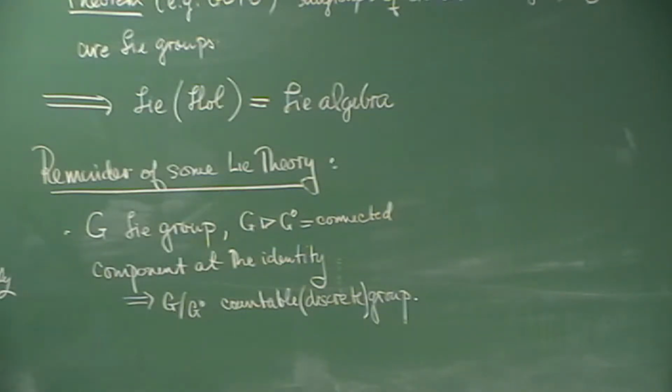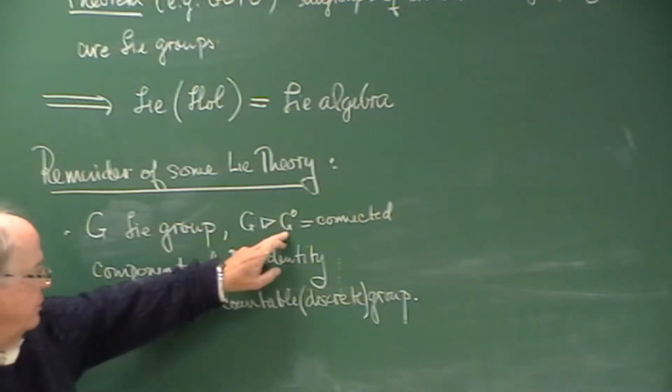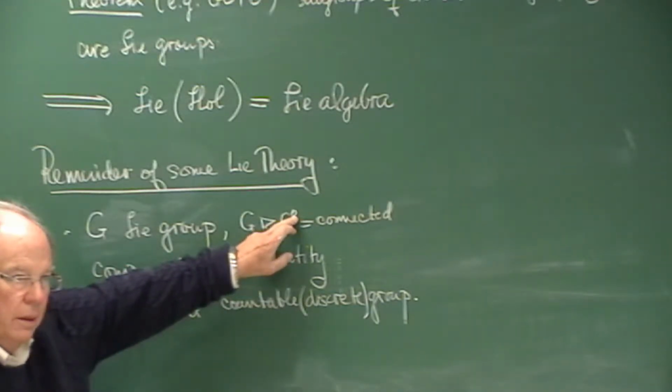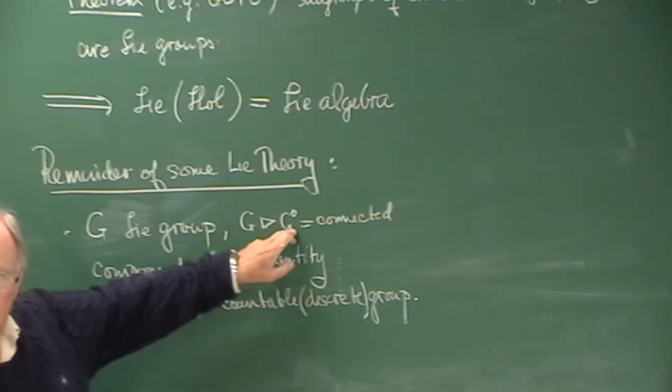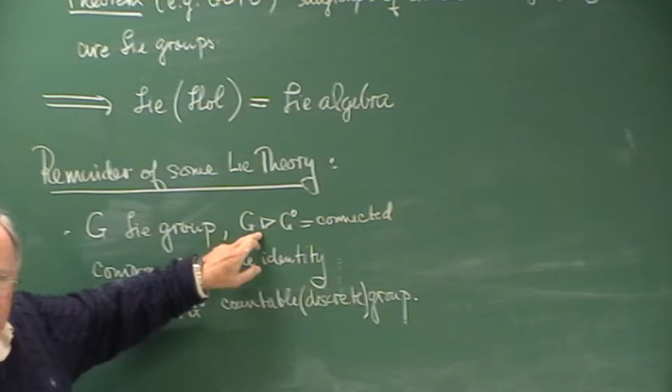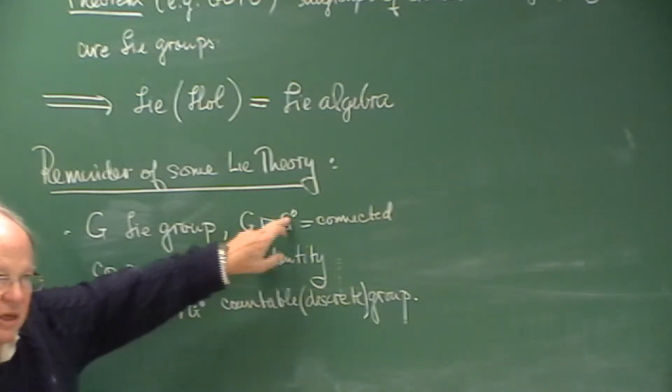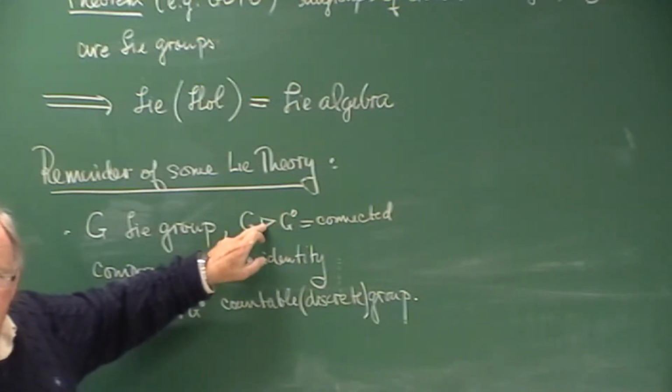You see, the point is, if you have a non-trivial group, then you have this guy here, the connected component. That says G normalizes this. You understand what I mean by normalizes? It says an element of this thing, you conjugate it, it stays in it.